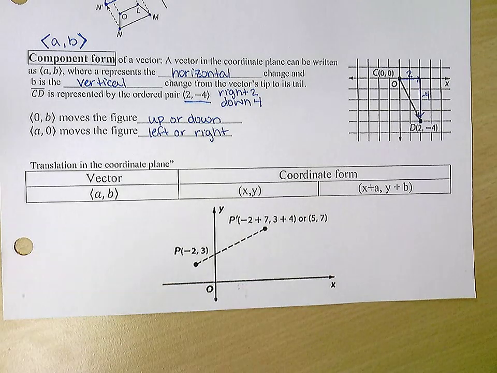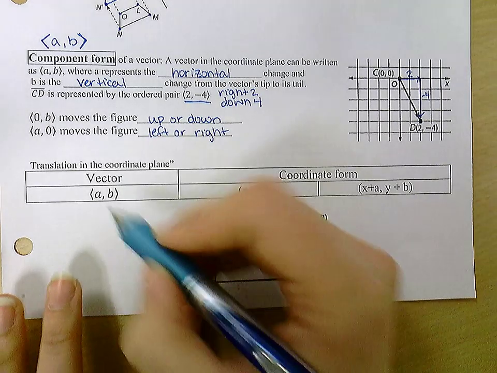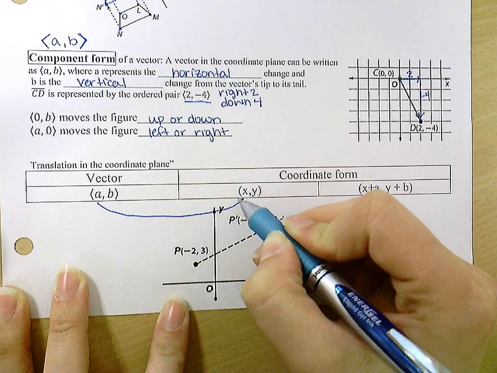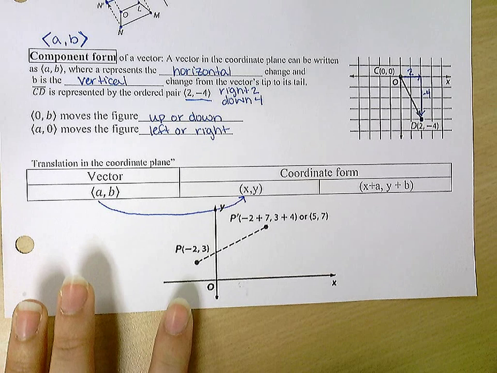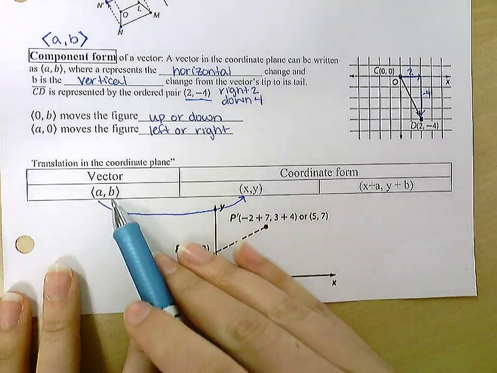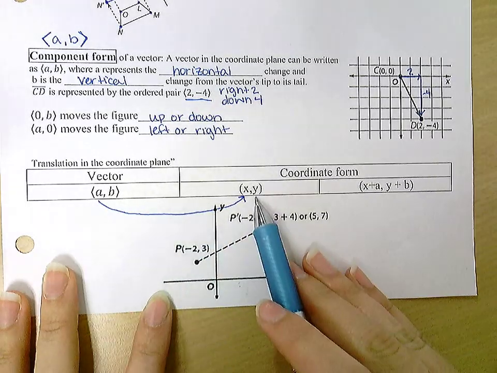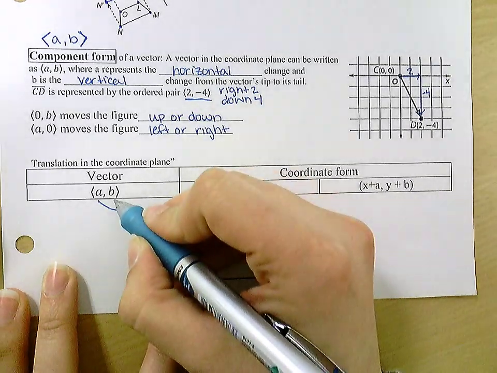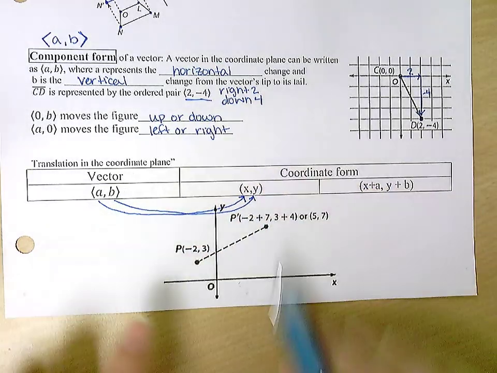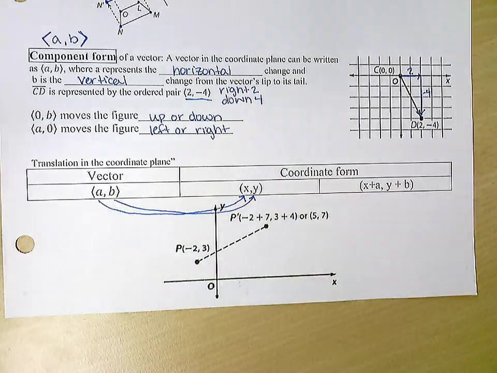Now to get to your image coordinate using your vector, your A value from your vector goes with your X value in your coordinate, because both of those move things left and right. And your B value goes with your Y in your coordinate, because those two move a figure up and down.